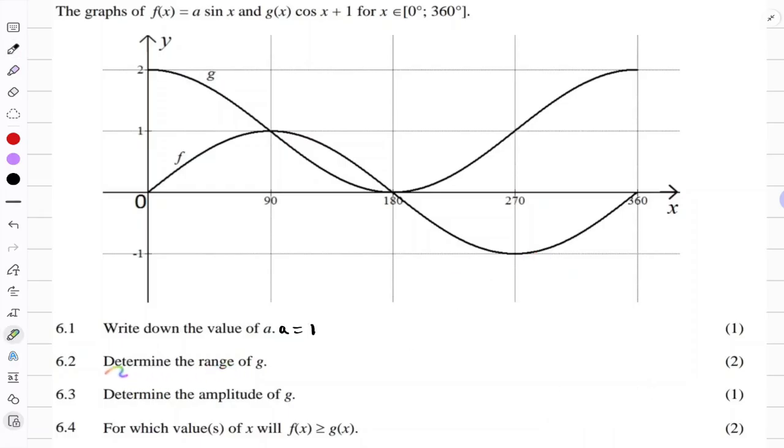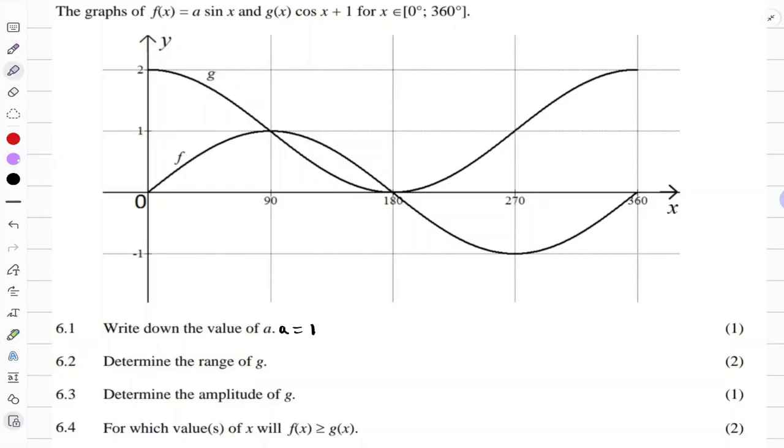The next question says determine the range of g. When analyzing the function g, the range is all the y values for which this function exists on the graph.